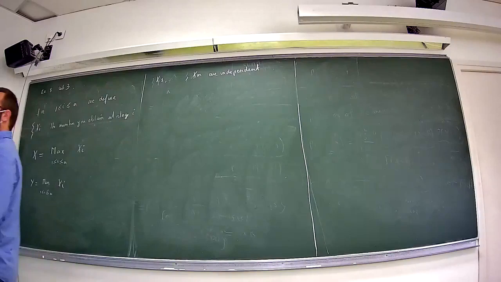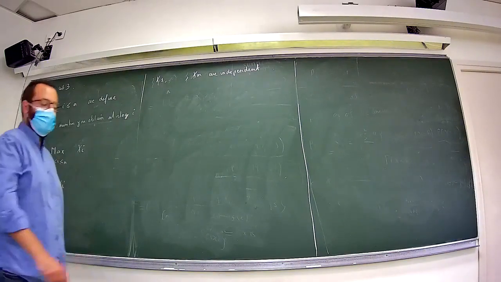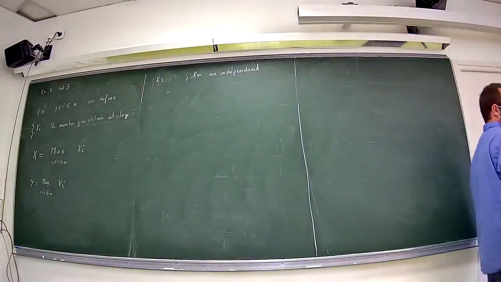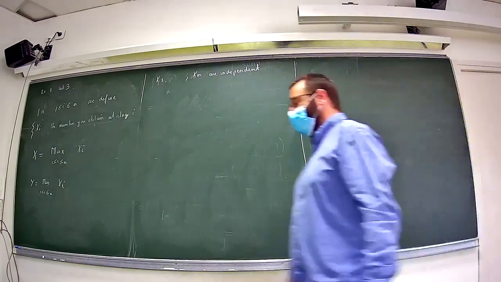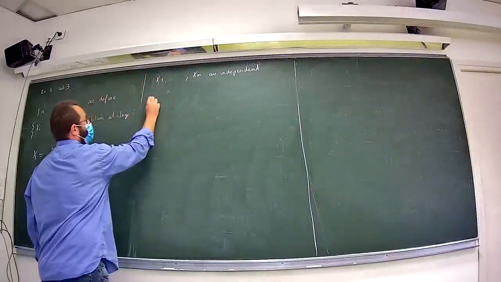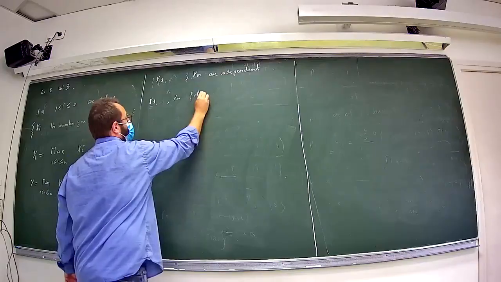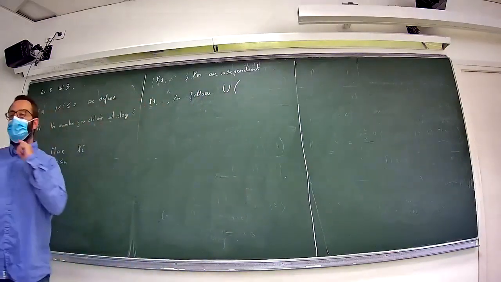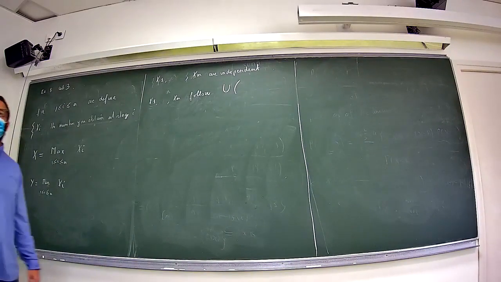And what can you say about the distribution of each of them? At each stage I choose one ball among capital N. Uniform, okay. Uniform on which set? 1 to n.